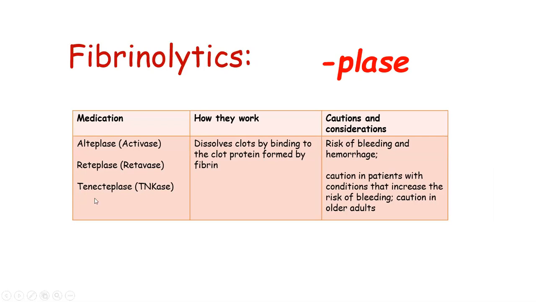Fibrinolytics. So what do you notice about these? They all end in "plase." P-L-A-S-E. So what's a fibrinolytic? Once you have a clot that's formed, it's not a simple matter of just opening somebody up and going in with a scalpel and suction and pulling the clot out.